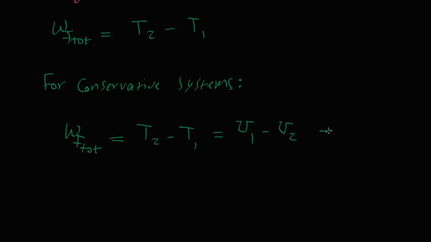So from here, I can bring T1 to the right hand side of the equation and bring U2 to the left hand side. So this would be T2 plus U2 is equal to T1 plus U1. So what is this equation telling us?